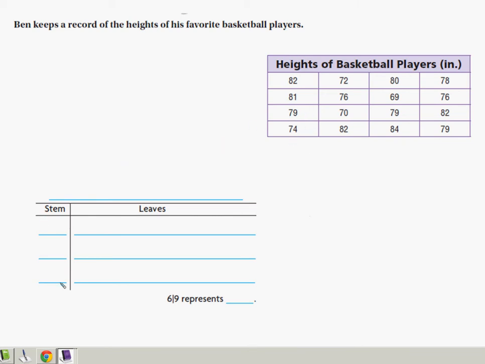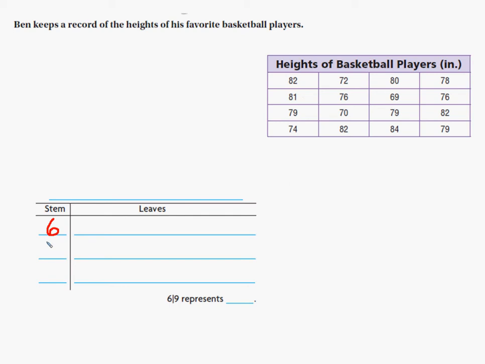So the tens place for these: the smallest tens place that I see in this set of data, I have 80s, 70s, 80s, 70s, 80s, 60s, 60s. So 6 is the smallest tens place that I see here.